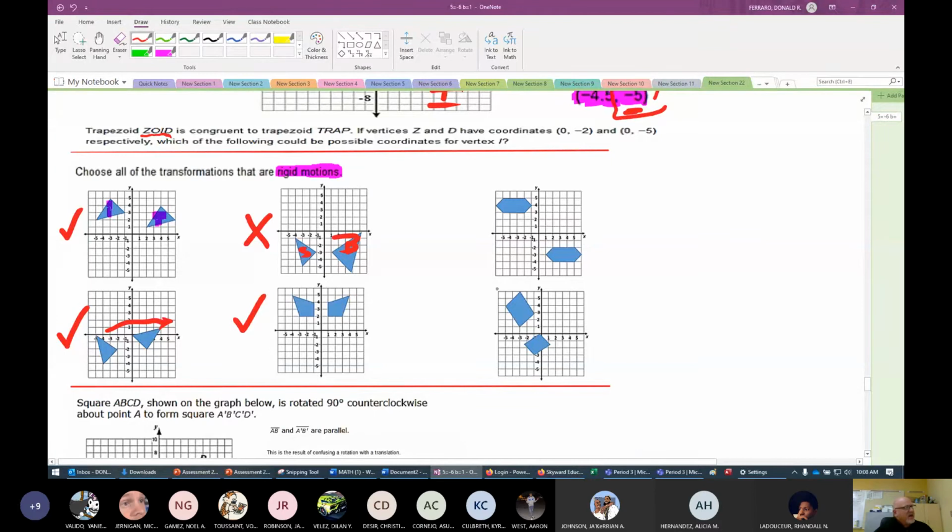Notice the same size. Here, we probably have some type of rotation, and the shapes are the same. That counts. This one here is much larger than this one, so that one is eliminated. So 1, 2, 3, 4.